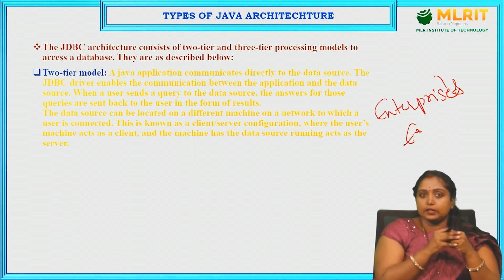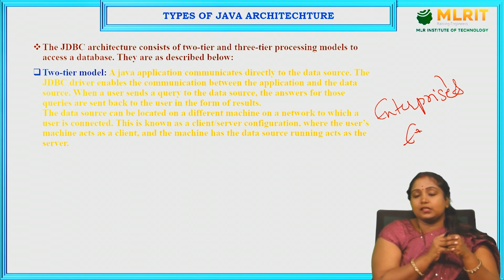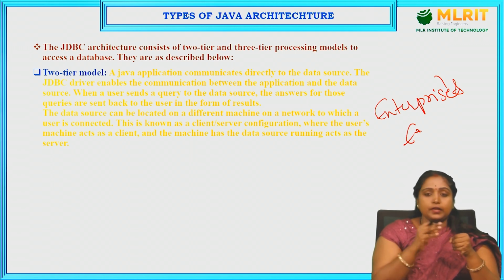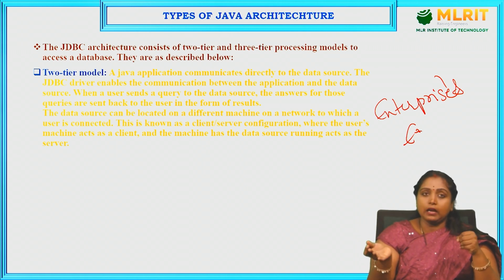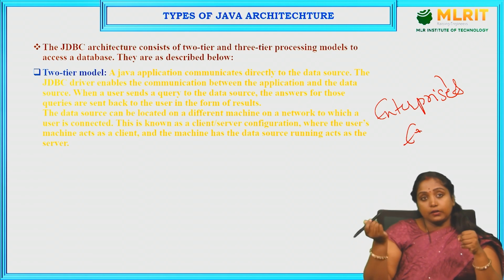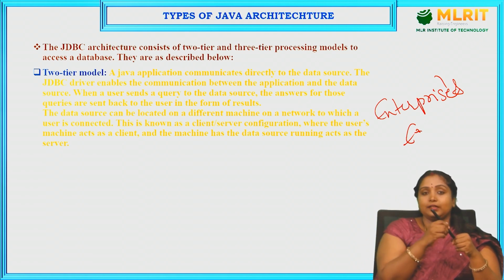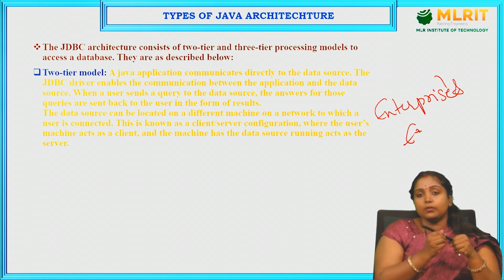We can say it is a client server configuration. If one person has to execute something and save the data in this database, then going from one system to another system, you need a connection. So that is the 2-tier model.